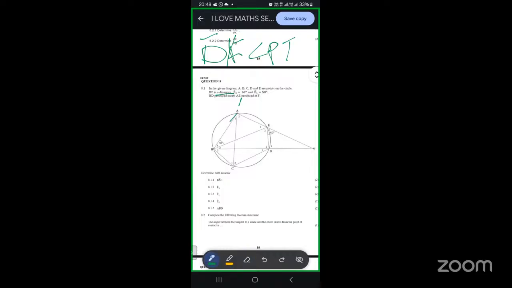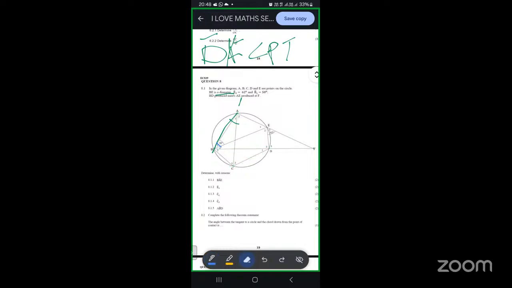A, B. Okay, this one, right? Yes, sir. I agree. Therefore, this angle will be equal to that angle, and this angle will be equal to that angle, reason being angles subtended by the same arc, same chord, or angles in the same segment.